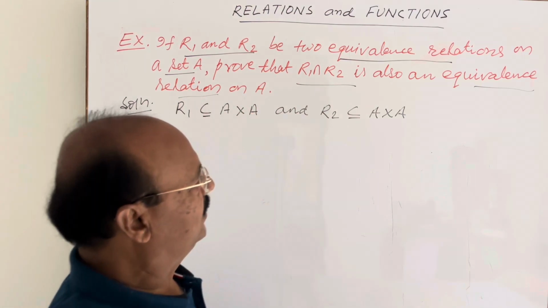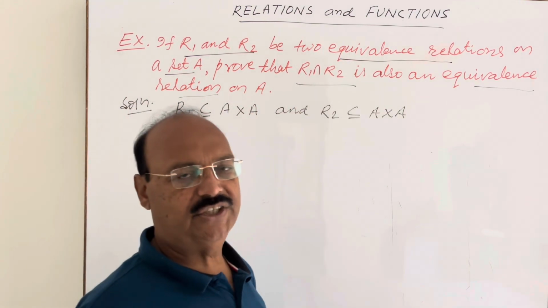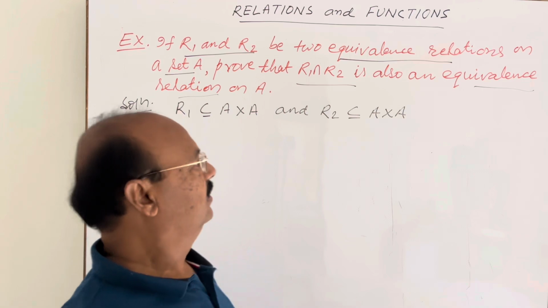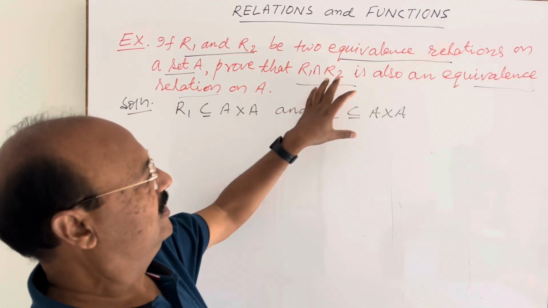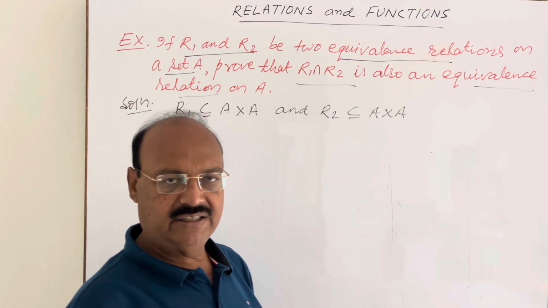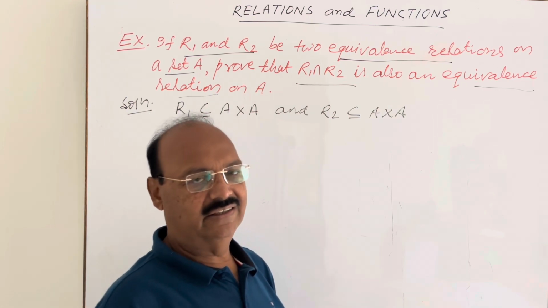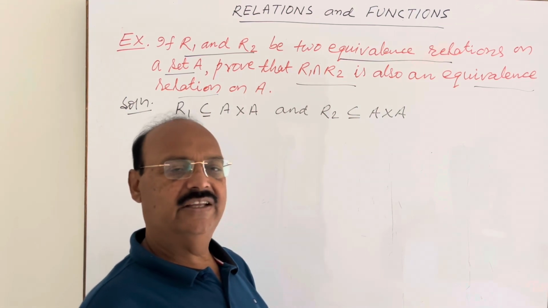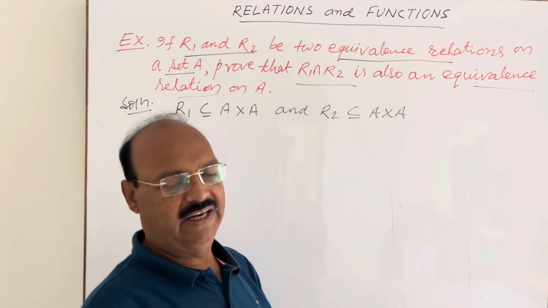So how can we show that this relation is an equivalence relation? We have to show that the relation R1 intersection R2 is reflexive, symmetric and transitive. Then any relation is known as an equivalence relation.